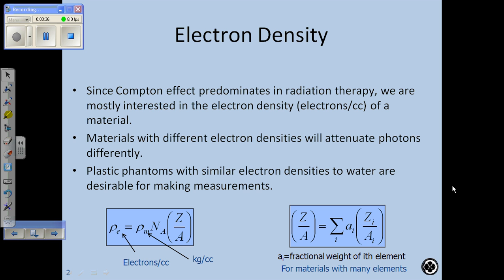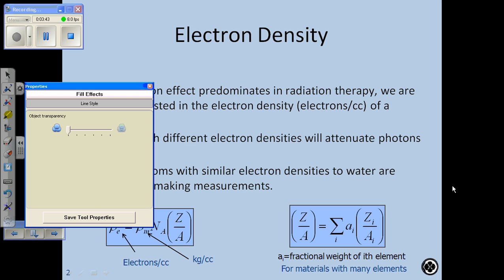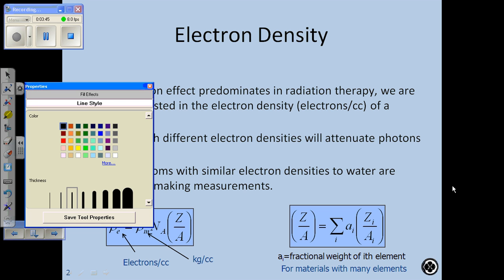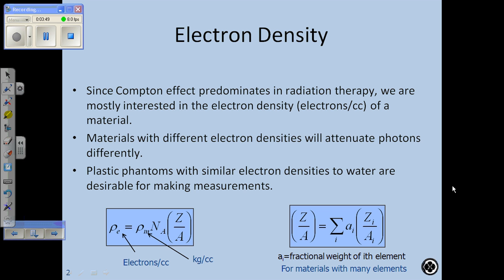So materials with different electron densities will attenuate photons differently. So we want to use plastic phantoms, because plastics can be made with different recipes. You can mix different materials in plastics and make them in different shapes. So we use plastic phantoms to simulate patients, and that's what a phantom is.